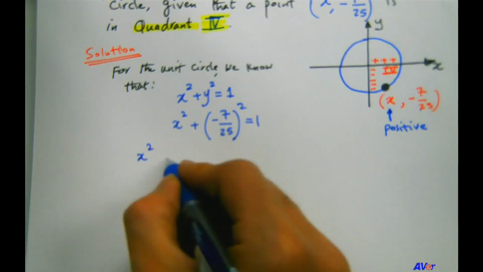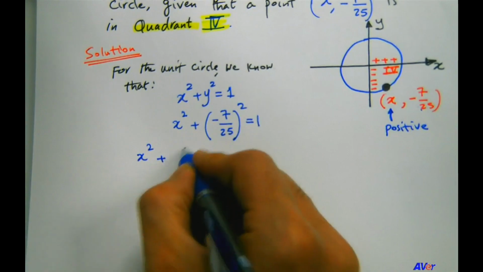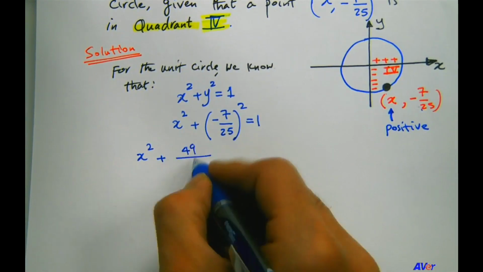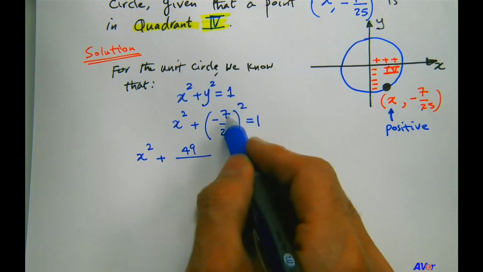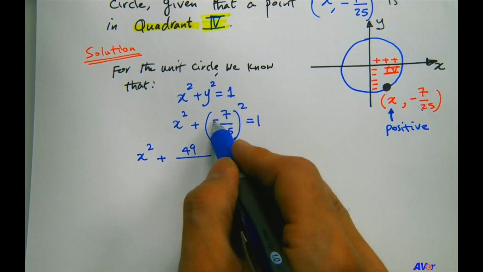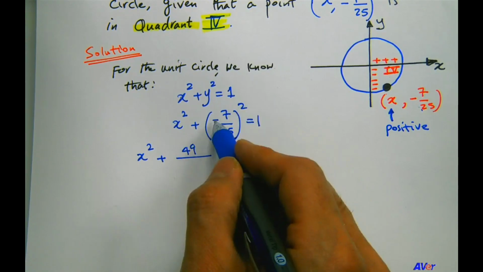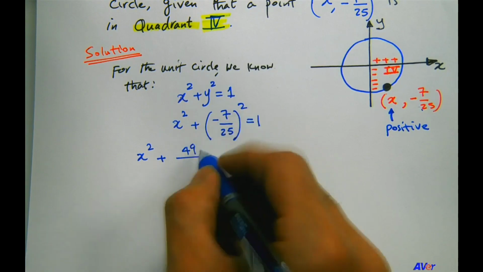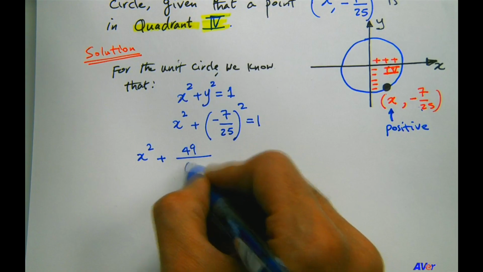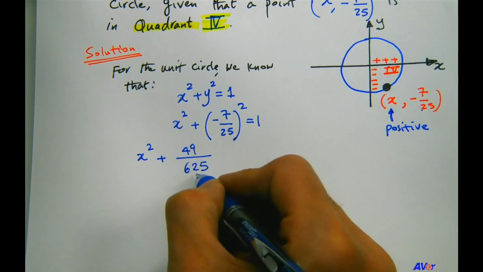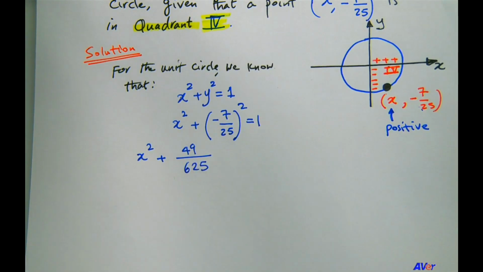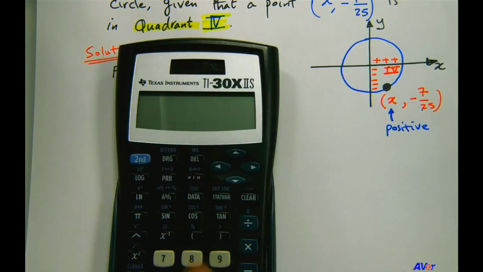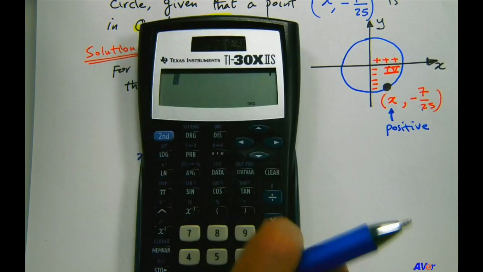Then x squared plus 49, squaring this inside, the negative cancels out and becomes positive because the power is even. And then 25 squared is going to be 625, right? Let me just double check this with my small calculator here.